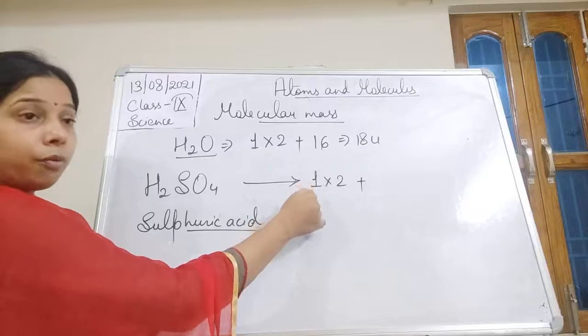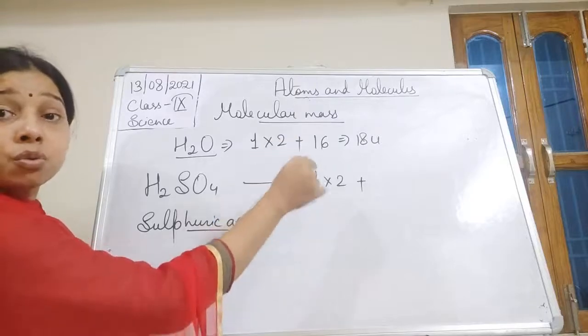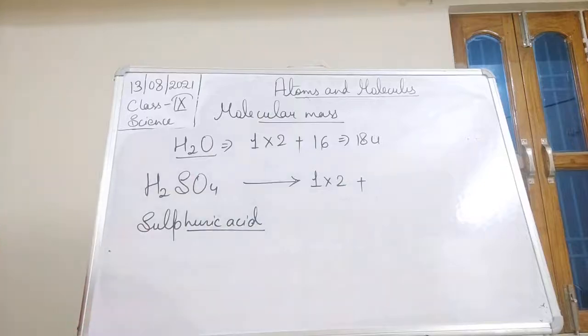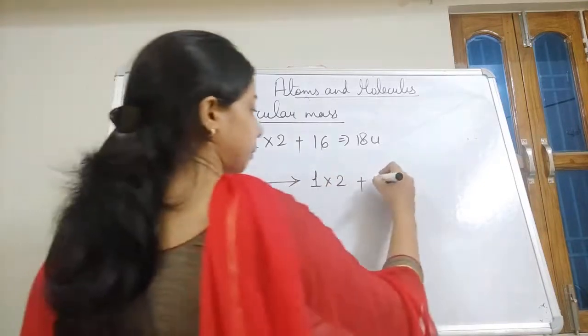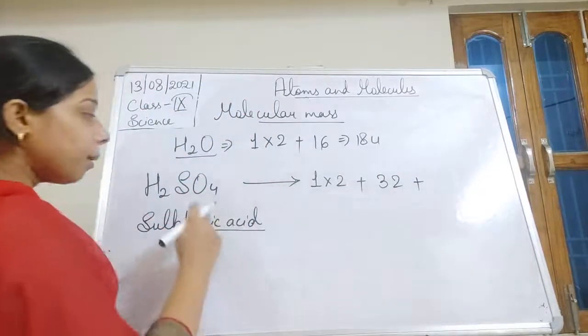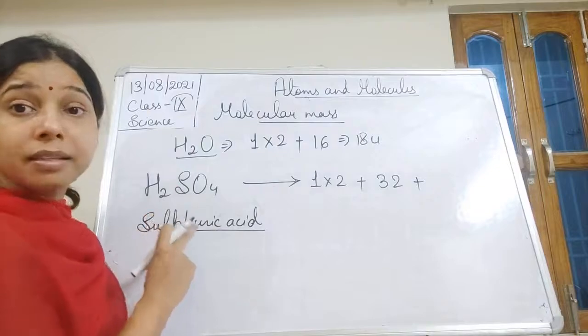Then sulfur. The atomic mass of sulfur is 32, plus the atomic mass of oxygen, which is 16.